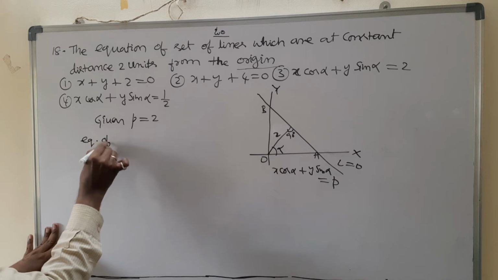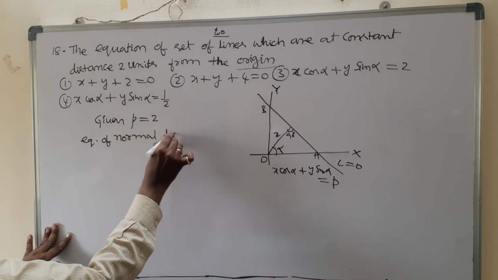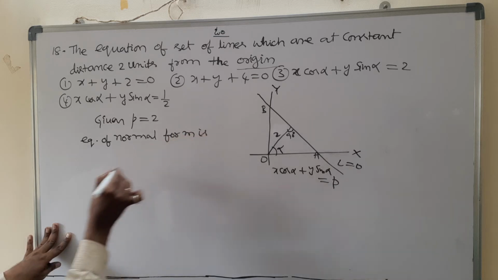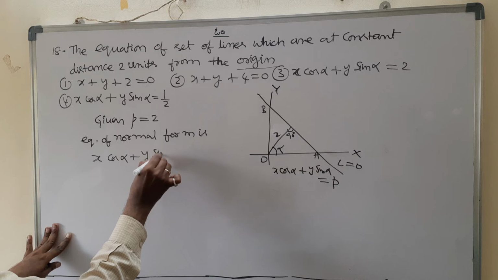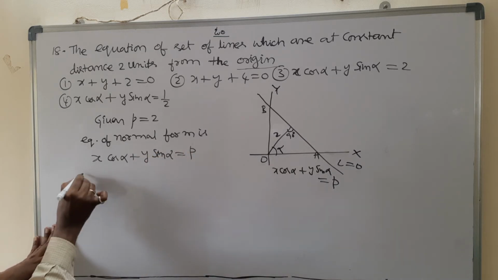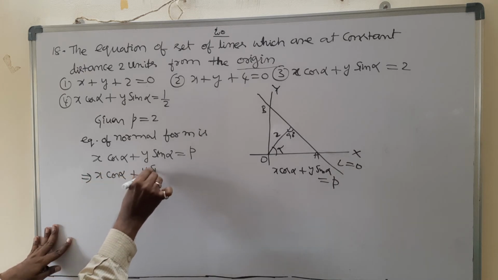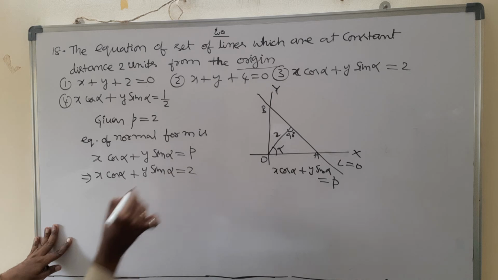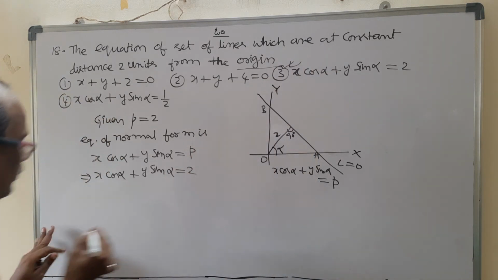Equation of normal form is x cos alpha plus y sin alpha equal to p. Here p value equal to 2. x cos alpha plus y sin alpha equal to 2. This is the right answer. Third option is correct.